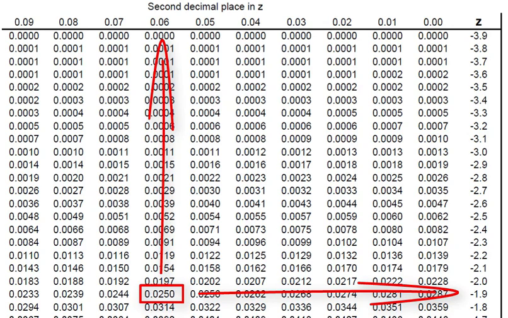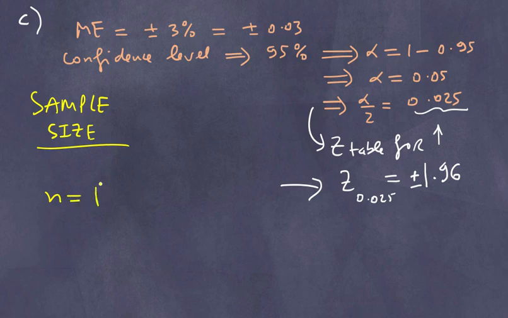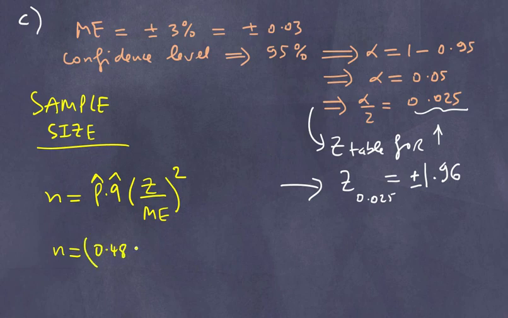Right? So the sample size n is p hat times q hat times (Z divided by the margin of error) squared. 0.48 times 0.52 times (1.96 divided by 0.03) squared.